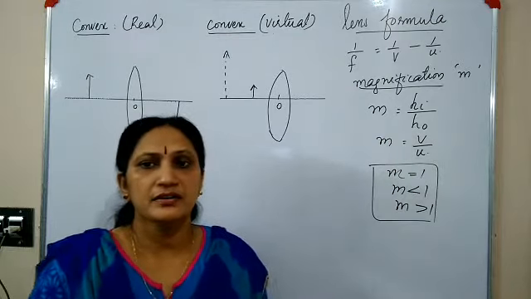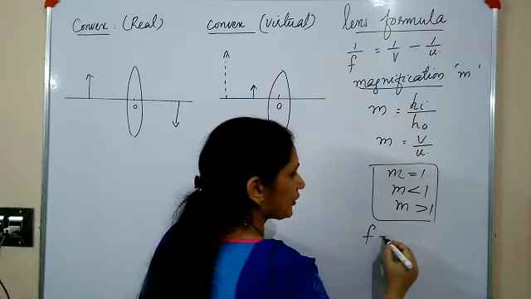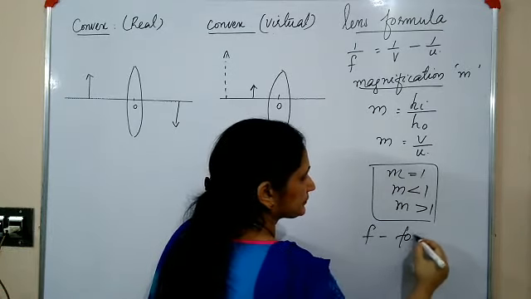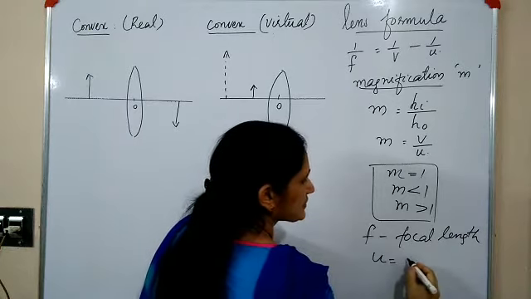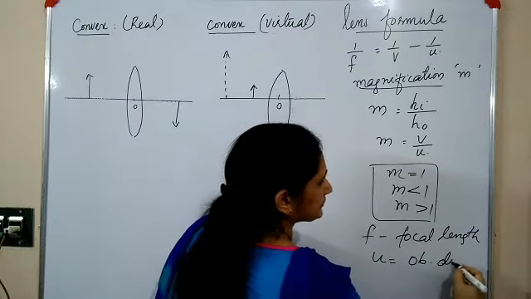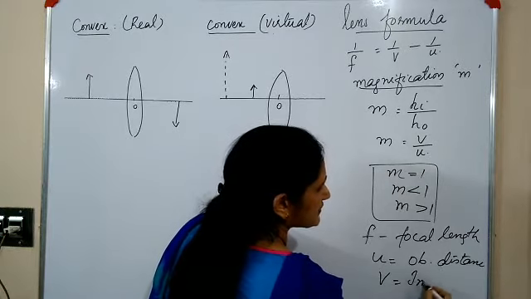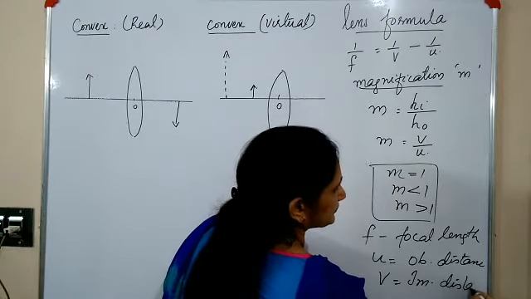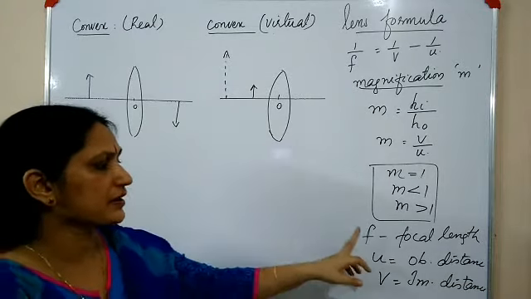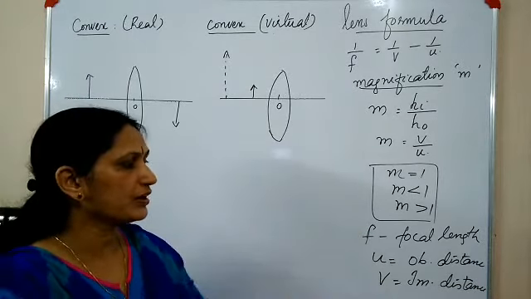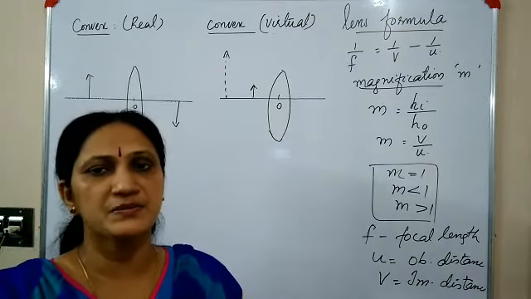These terms I told already: f is the focal length, u means object distance and v is image distance. These terms f, u, v have some sign conventions we are following.